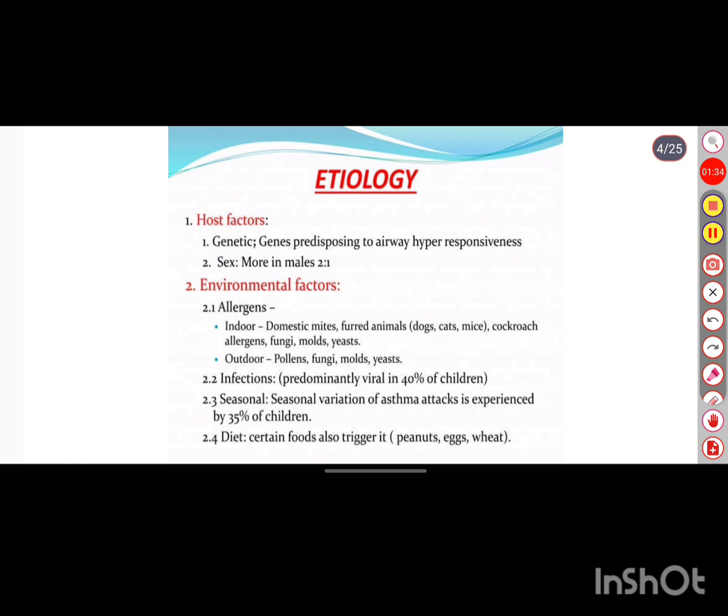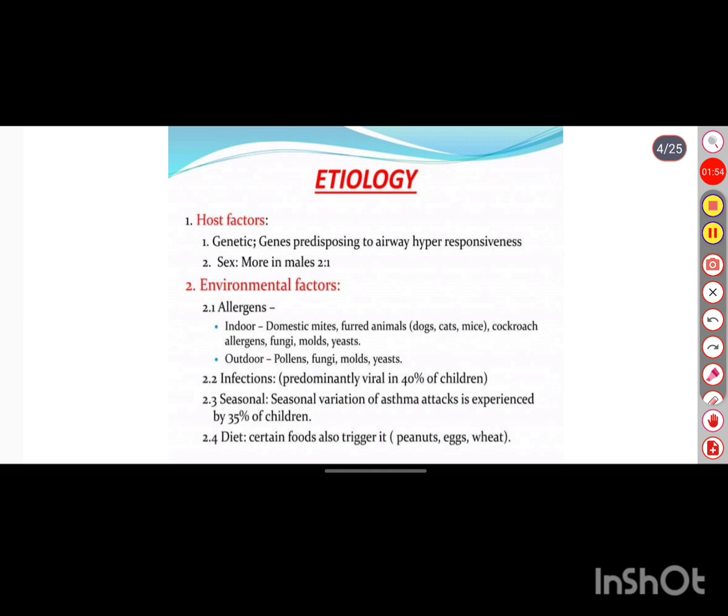It may also be because of infections, like viral infections, predominantly occurring in 40% of children. It can also be because of seasonal variations; asthma attacks are more commonly experienced in children by about 35% seasonally.